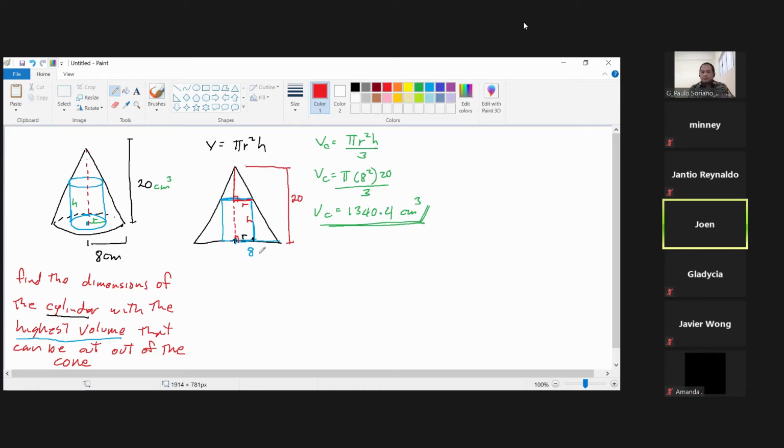Can use proportion. Yes, you can use proportion. Very good. So a small triangle compared to the big triangle. So you can actually solve for this part of the small triangle. You understand? So making a proportion over here, we will get what?